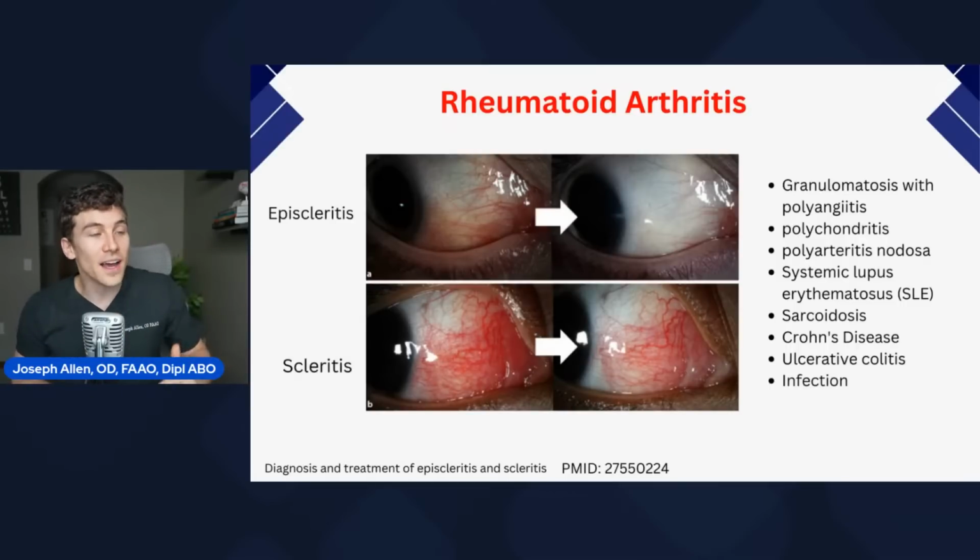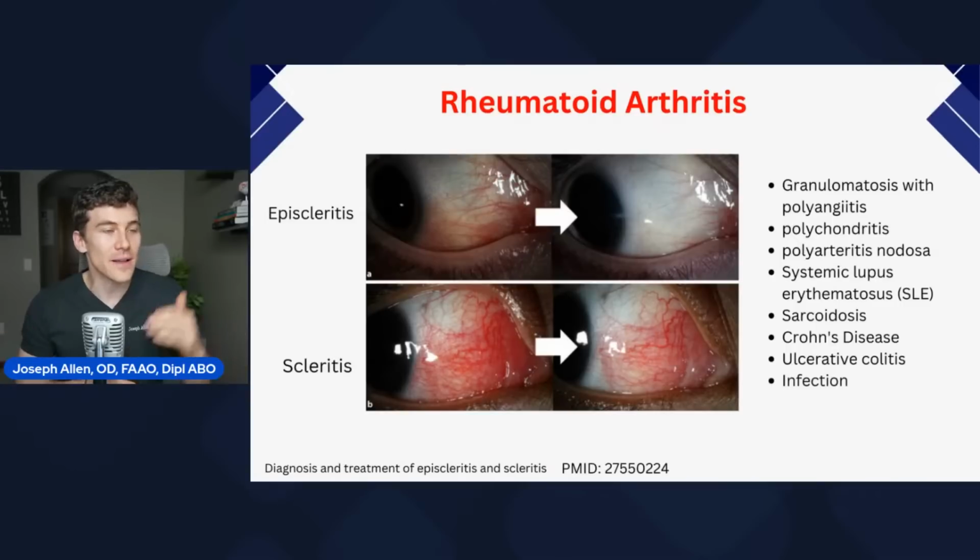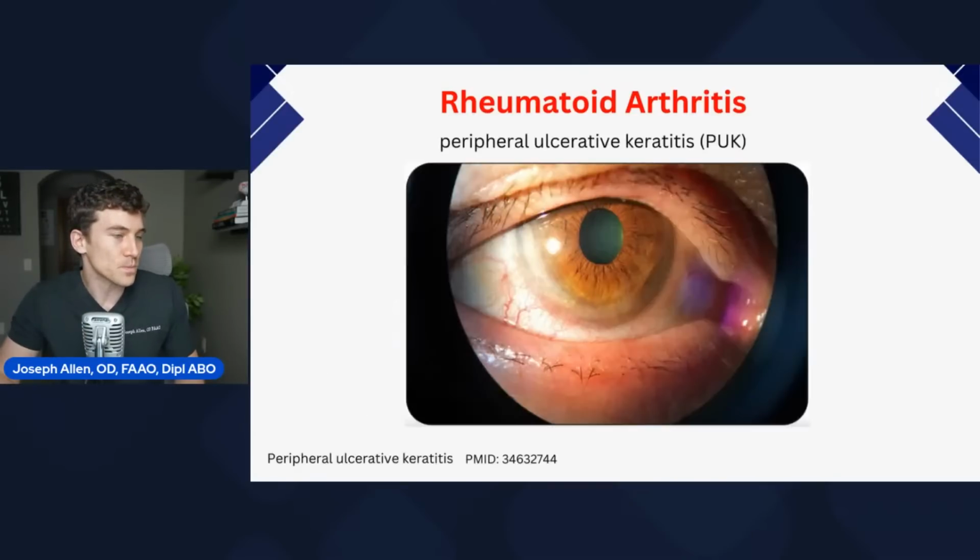The list on the side, we're not going to go too in depth on that, but if you're going to medical school or optometry school, or if you're just interested, you can always refer back to this page of possible connections to an episcleritis or a scleritis. And some of these we will be touching on later on in our presentation.